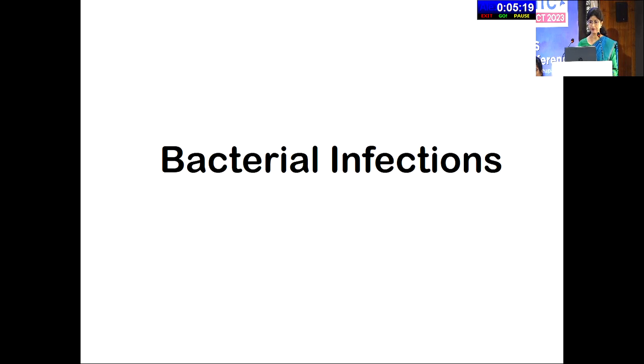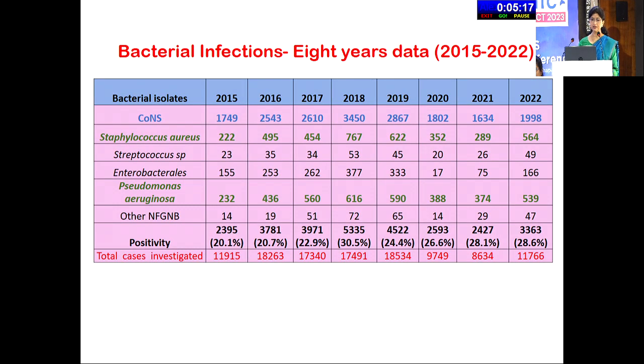We start with bacterial infections. This is the data of 8 years, from 2015 to 2022, and we can see that in all the years, coagulase-negative staphylococci are the most common pathogens, followed by Staphylococcus aureus and Pseudomonas aeruginosa.